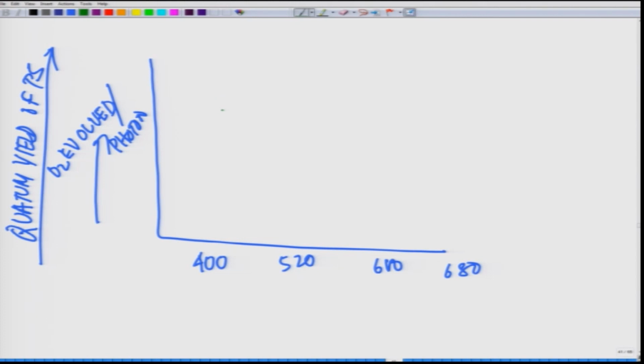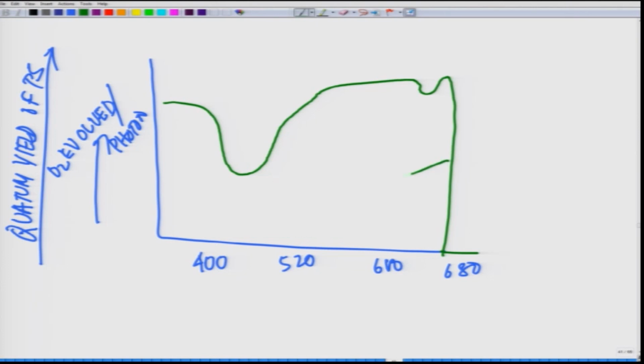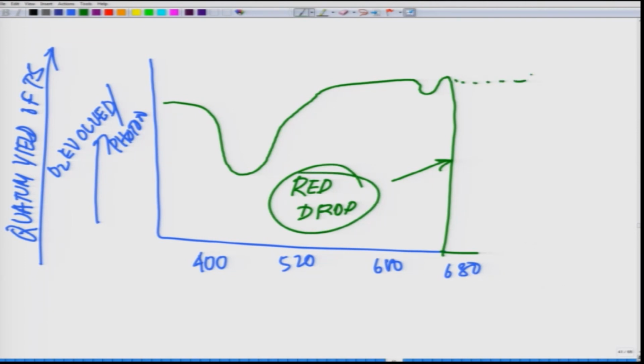If you look at the graph, it is something like this. This is that red drop. So if you add the 700, then something like that, this drop you will not see. The quantum yield of photosynthesis drops abruptly when the excitation wavelength is greater than 680 nanometer.